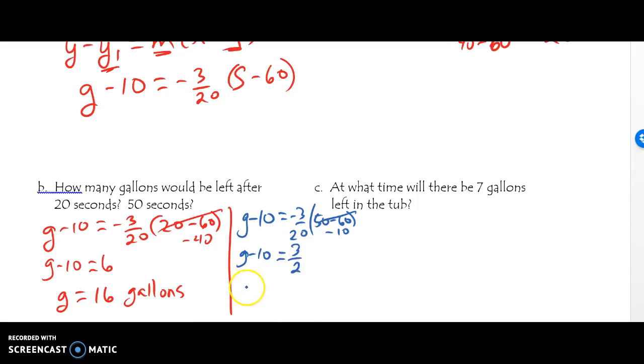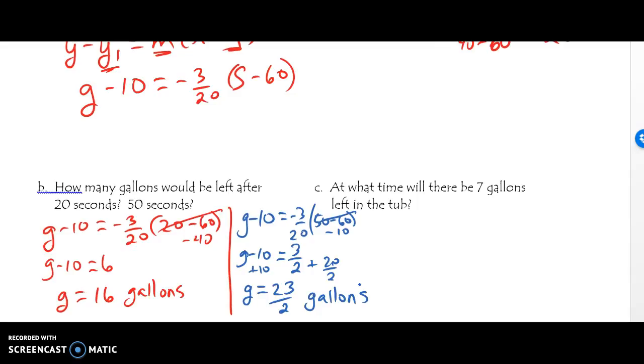Now I need to add 10, and to add that, it's going to turn into 20 over 2. So we'll get 23 over 2 gallons.